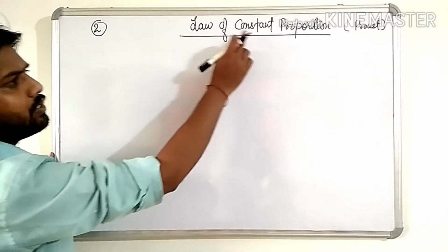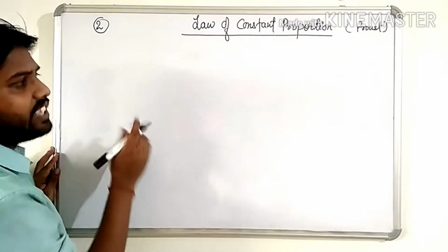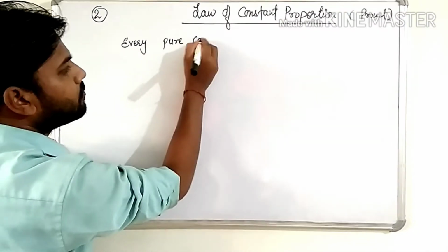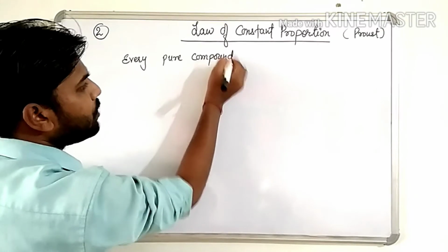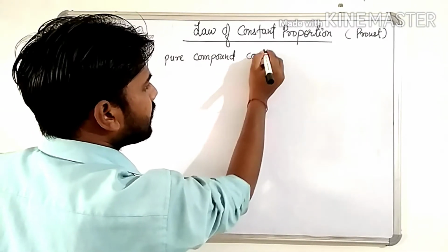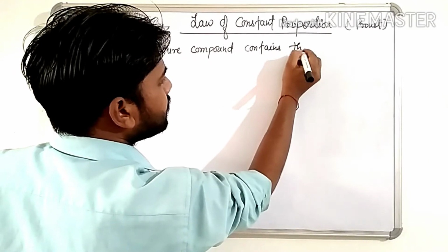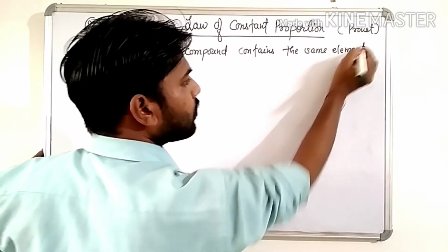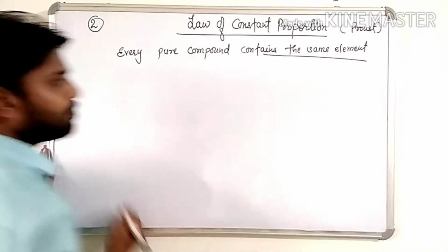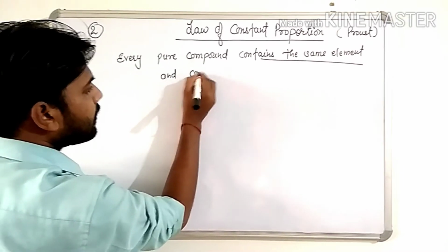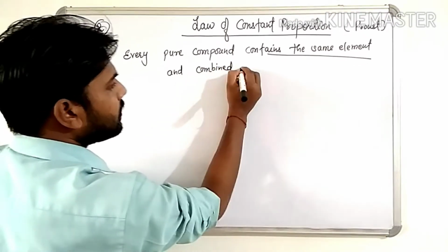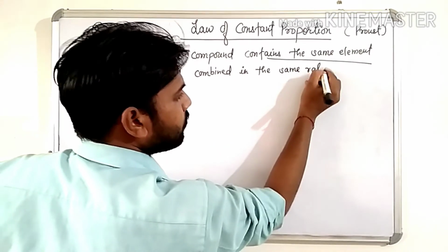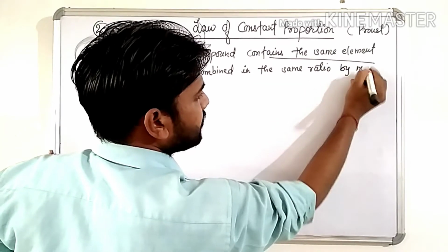According to the law of constant proportion, he stated that every pure compound contains the same elements combined in the same ratio by mass.